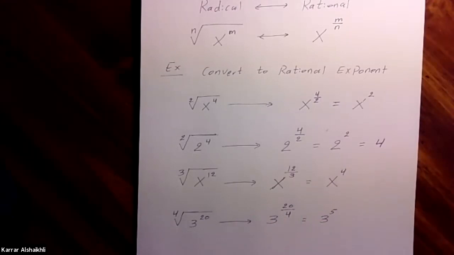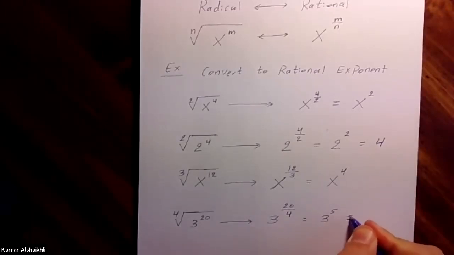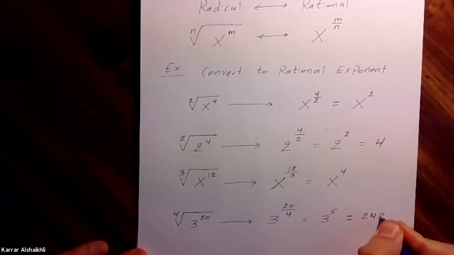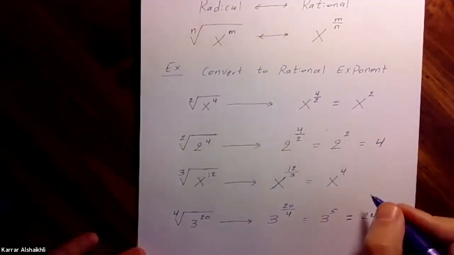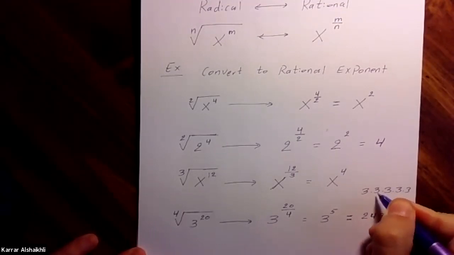How much is 3 to the power 5? 3 to the power 4 is 81. 3 to the power 5 is 243. That means 3 times 3 times 3 times 3 times 3: 1, 2, 3, 4, 5 times.